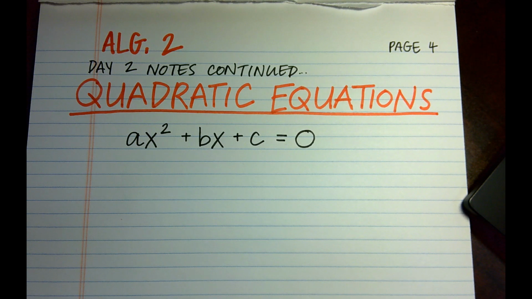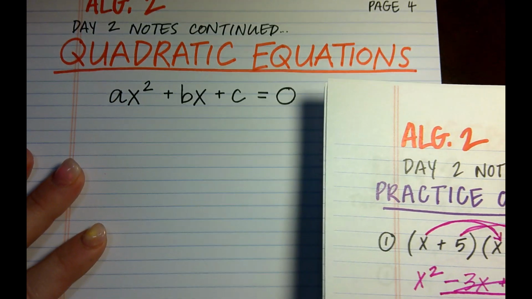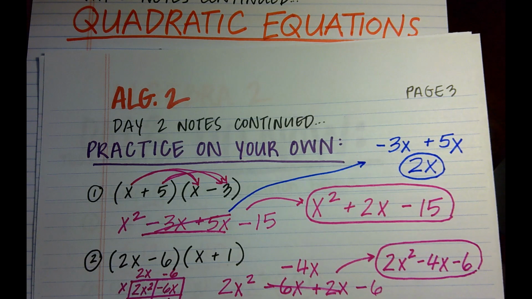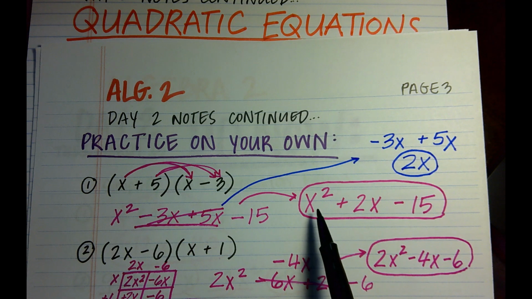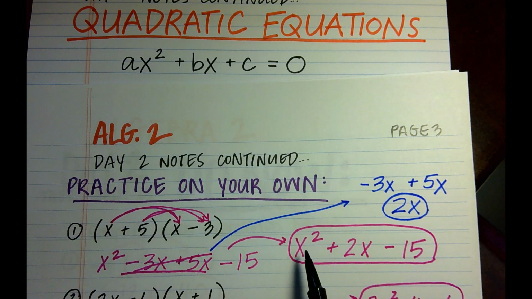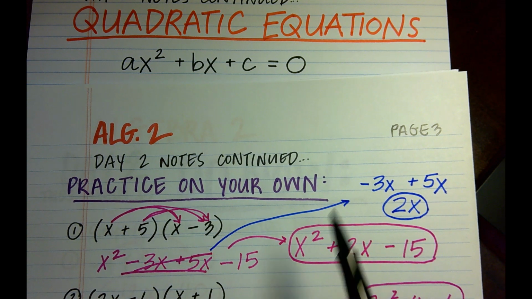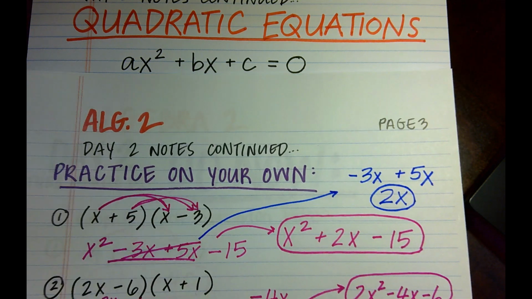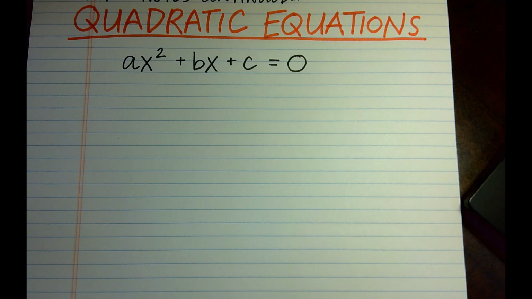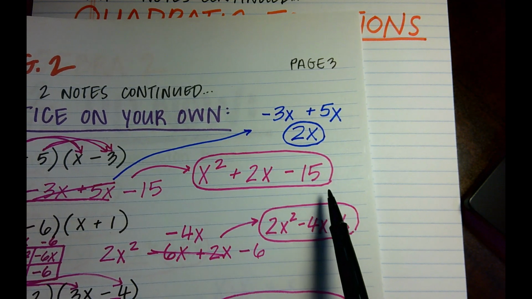If you'll notice, whenever we multiplied all the binomials before, our answers came out to be quadratic equations. X squared plus x minus or plus a number here. So we're going to talk about going in the opposite direction. We went from 2 binomials getting to a fully written out quadratic expression here.